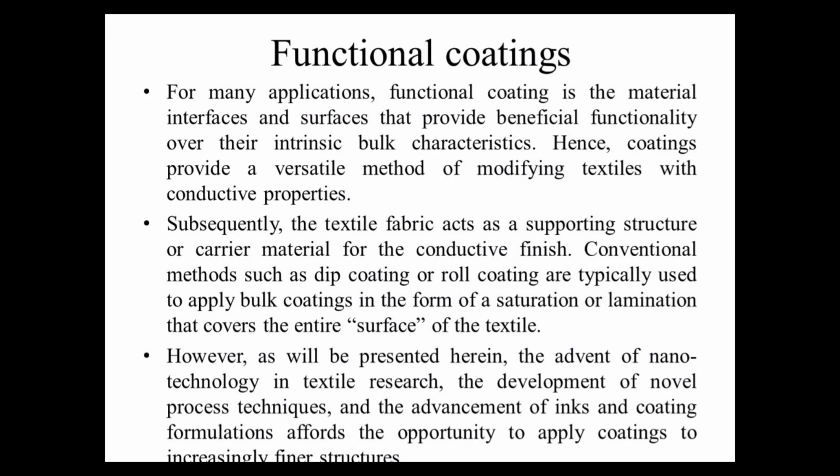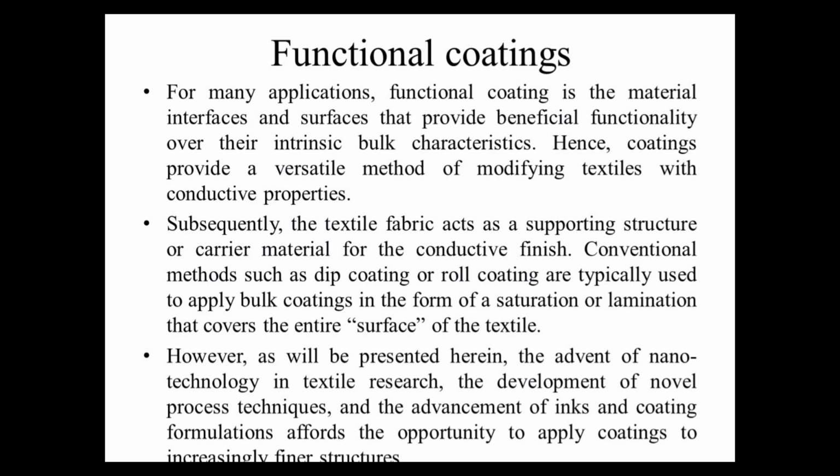Functional coating. For many applications, functional coating is a material interface and surface that provides beneficial functionality over their intrinsic bulk characteristics. Hence, coating provides a versatile method of modifying textile with conductive property.